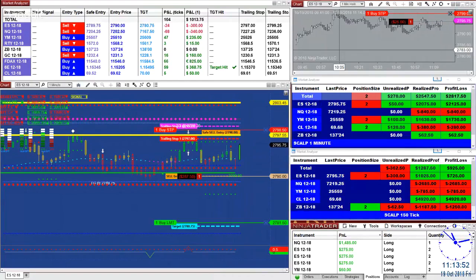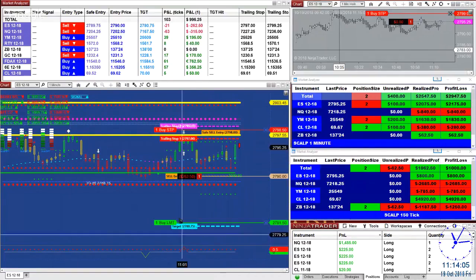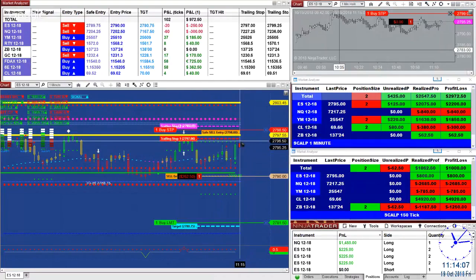And use 15 ticks as a stop loss. You can use a trailing stop, or if you want to use 10 ticks as a stop loss, I don't care. Because if you look at this entry, the entry is based on the resistance at 96.50.